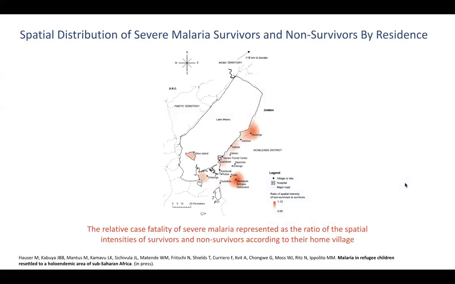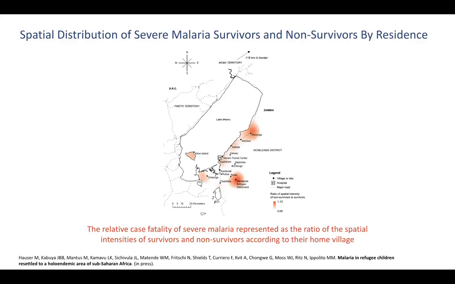One can also use the spatial distribution of cases, of children hospitalized with severe malaria, to better understand where resource needs are and what some of the challenges are or factors contributing to increased malaria mortality.